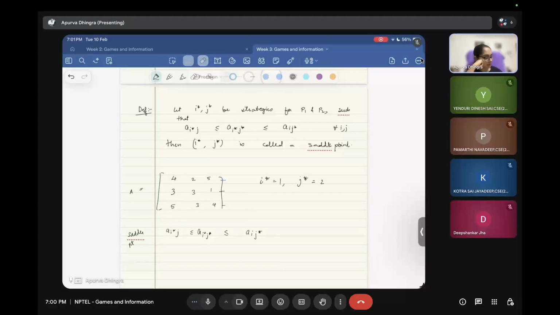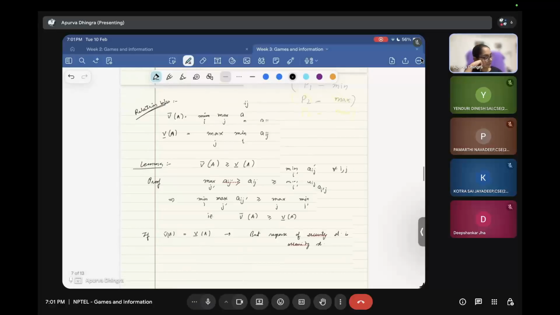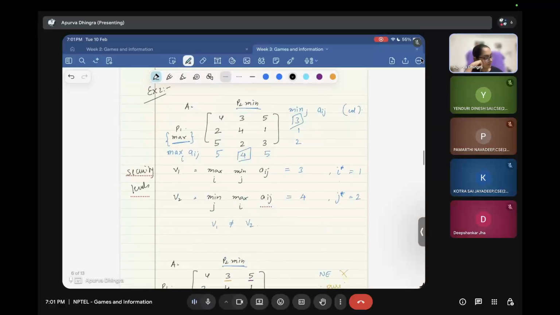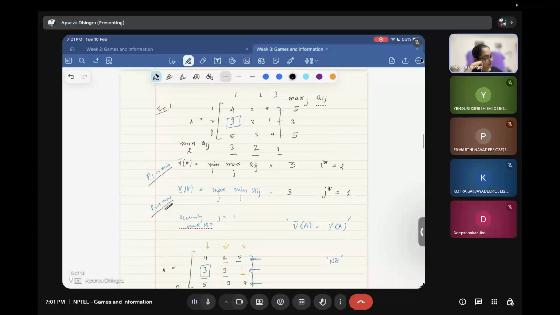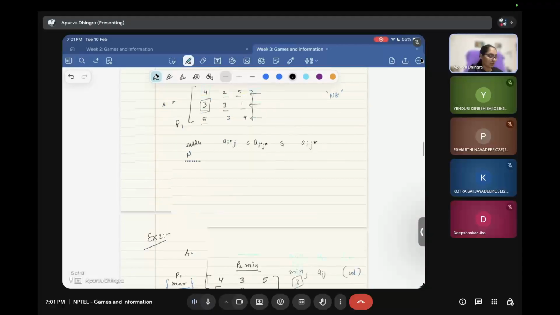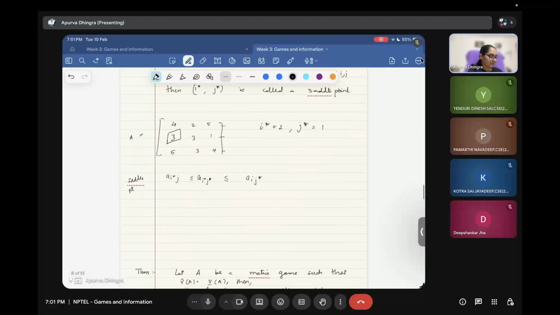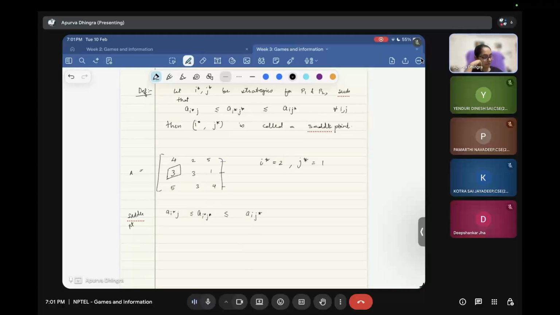Oh no, sorry, I wrote it opposite. Corresponding to this 3, I star is 2 and J star is 1. This is the example that I'm going through again. So now let's check if this strategy is a saddle point or not.